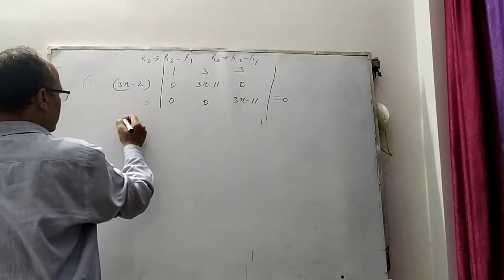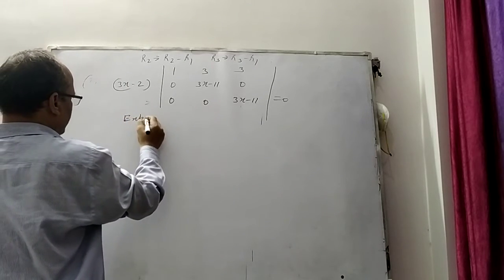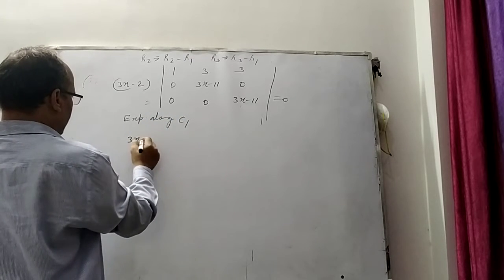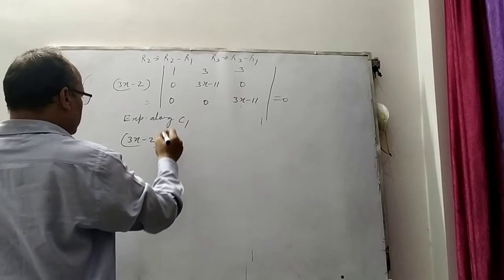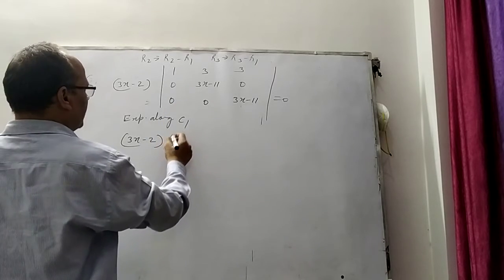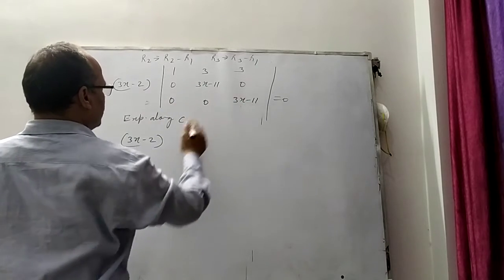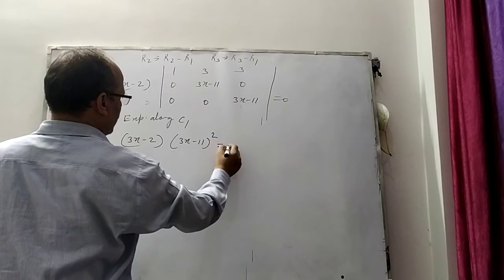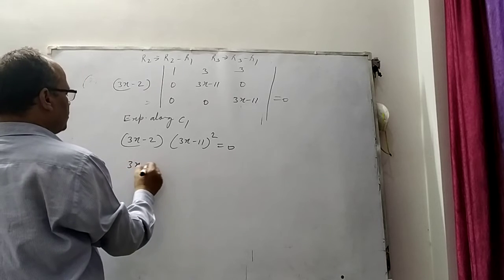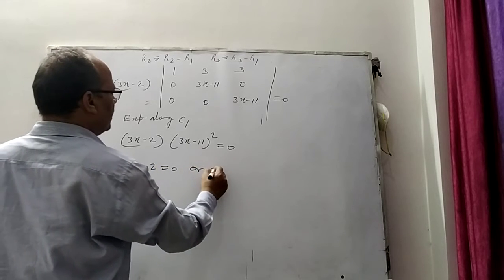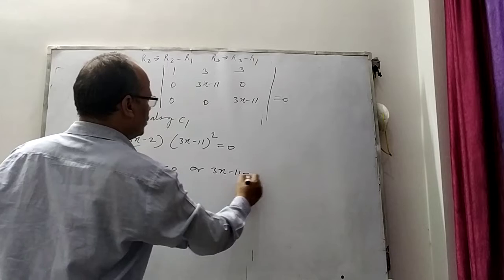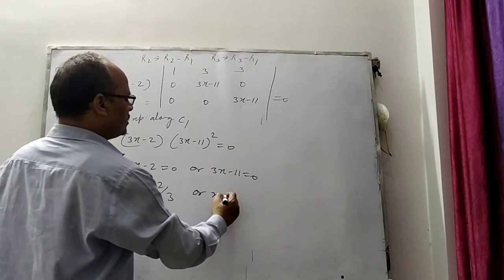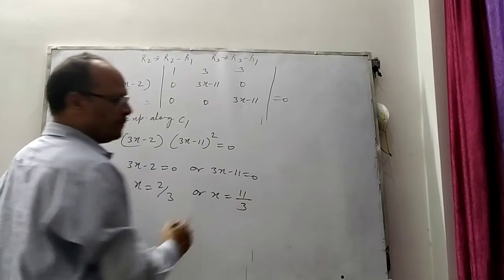Now expanding along C1, 3x minus 2 times this, minus 0, you will get (3x minus 11) whole square equal to 0. So 3x minus 2 equals 0 or 3x minus 11 equals 0, so x equals 2 by 3 or x equals 11 by 3.